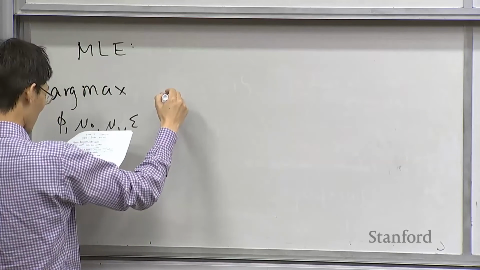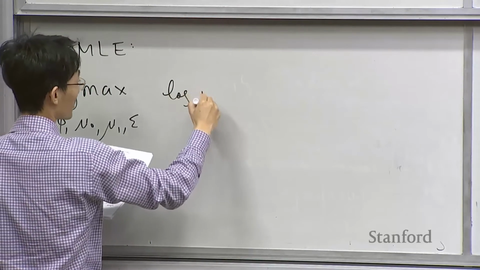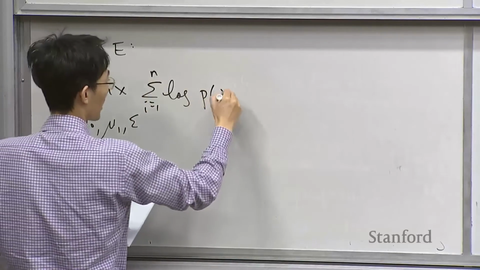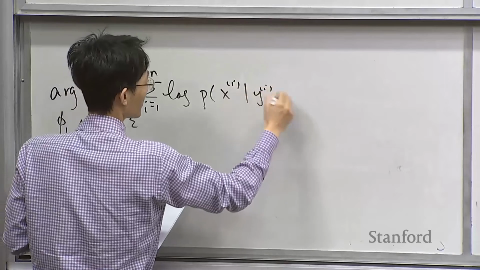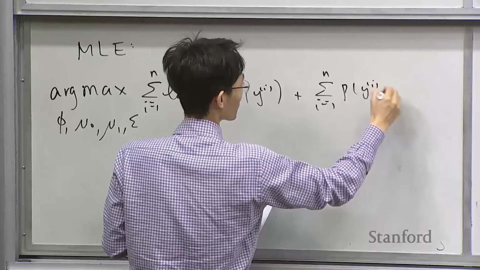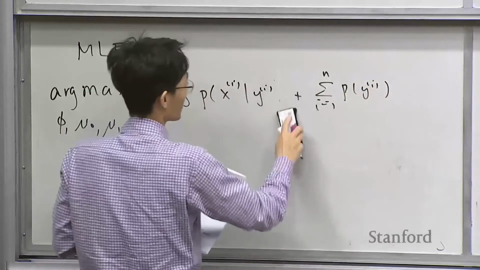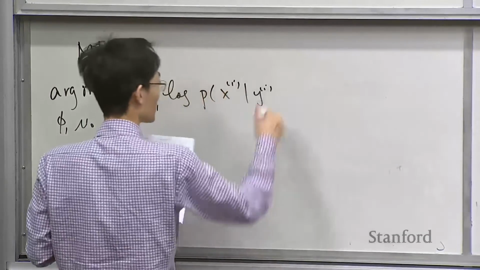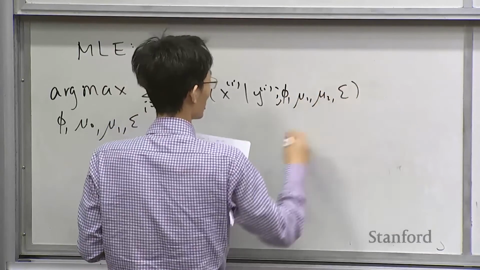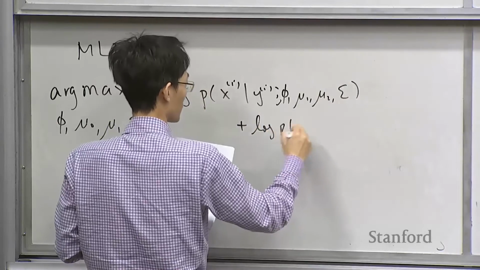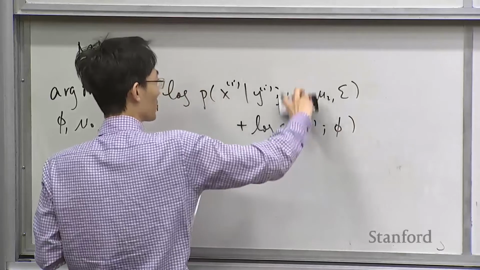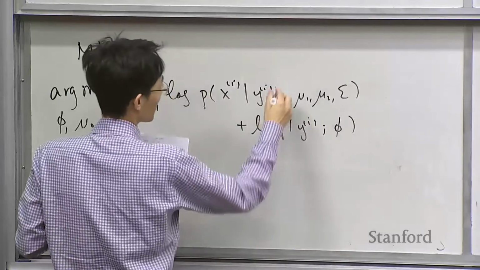So I'm just writing the log likelihood, which is the sum of the log of the probability of xi given yi plus the sum of the log of the probability of y, technically under these parameters phi, mu 0, mu 1, sigma. Technically I don't have to write phi in the first term just because it doesn't depend on phi.